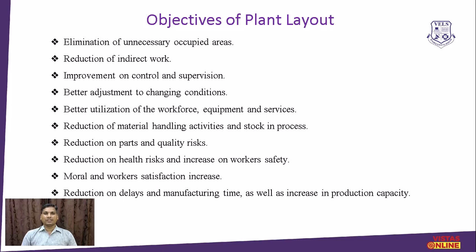So according to the subject, we need to give the least priority to whoever is working indirectly, and the highest priority to the direct workers, while indirect workers get the lowest priority.